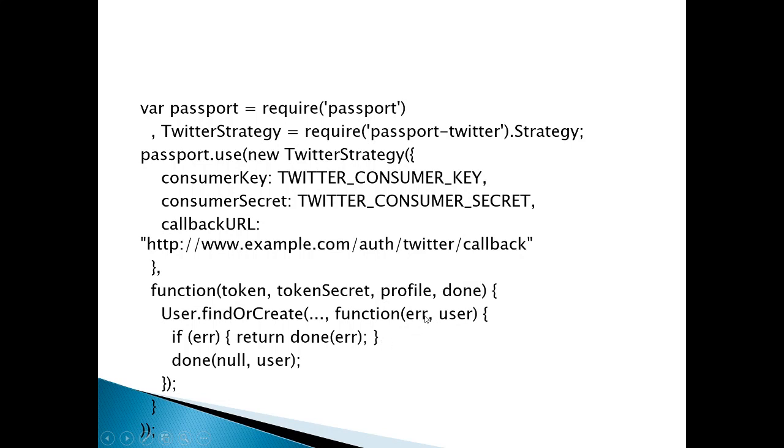You cannot access the credentials; the credentials are totally with Twitter. But whenever that user is authenticated with their system, Twitter will send you some information about that person, that is his public profile. So you can access that public profile in your callback.